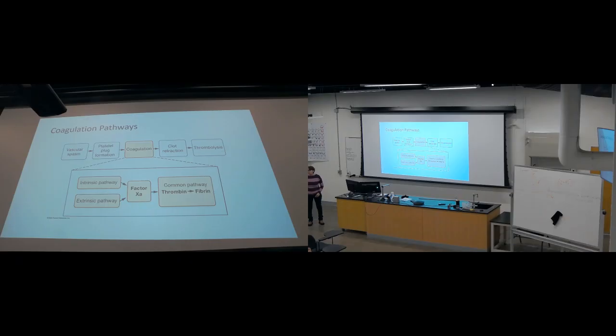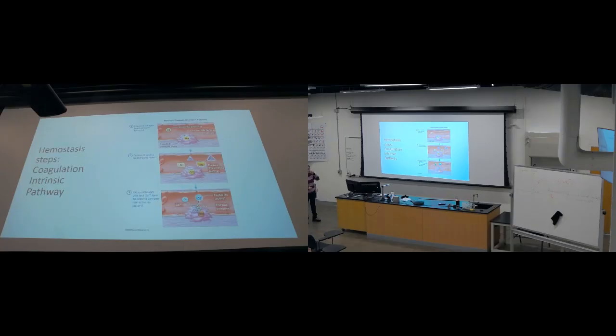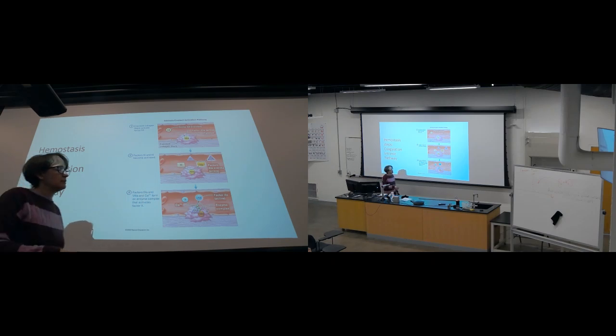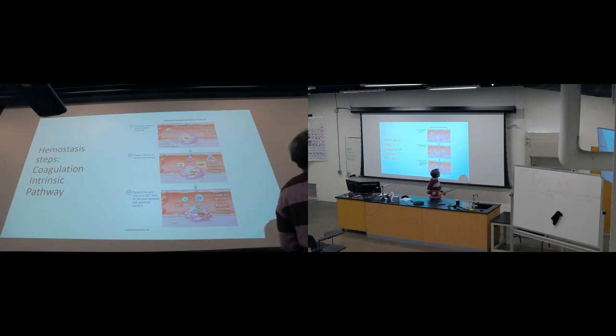Since we are not bleeding all the time, these coagulation factors are normally inactive. They only get activated when you start these pathways. So here is what happens with this intrinsic pathway or contact activation pathway.